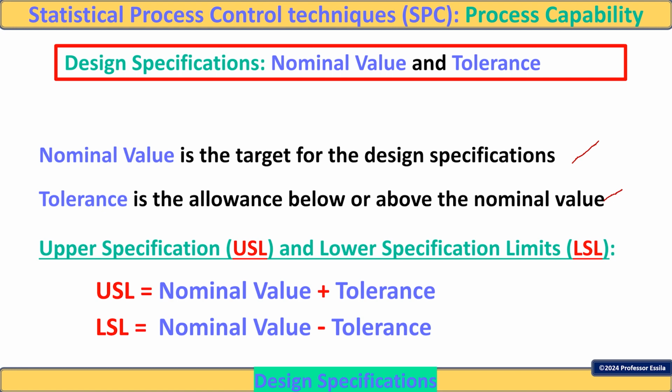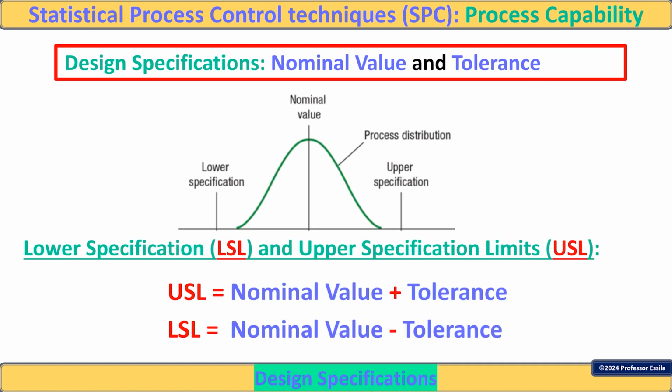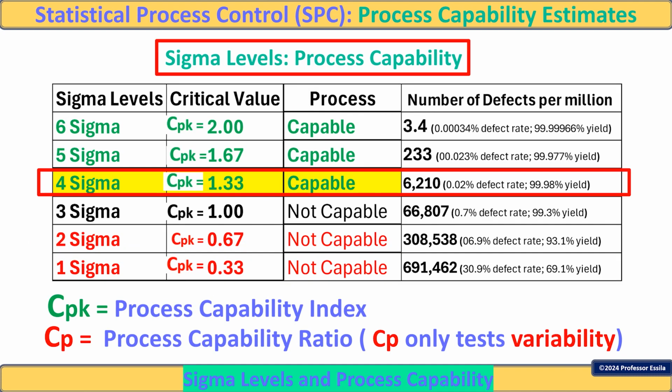These are calculated based on these values, setting what we call the range for acceptable output. So how do we calculate that? The upper specification limit will be the nominal value plus the tolerance, and the lower specification limit will be the nominal value minus the tolerance.